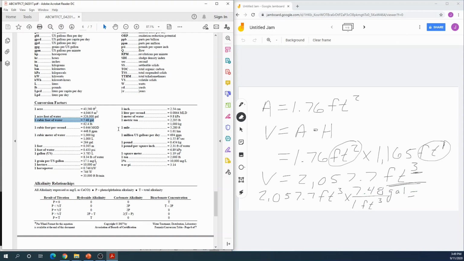So as we track our units, feet cubed cancel feet cubed. 2,057.7 times 7.48 is equal to 15,391 gallons.